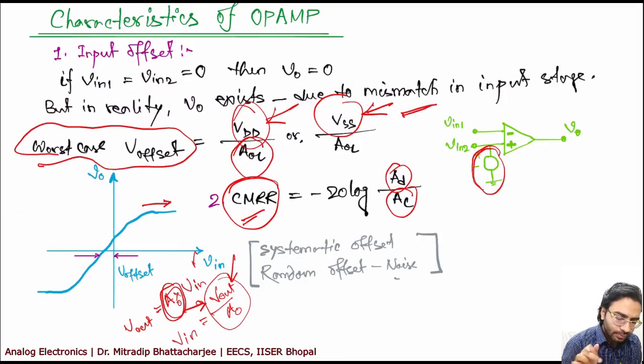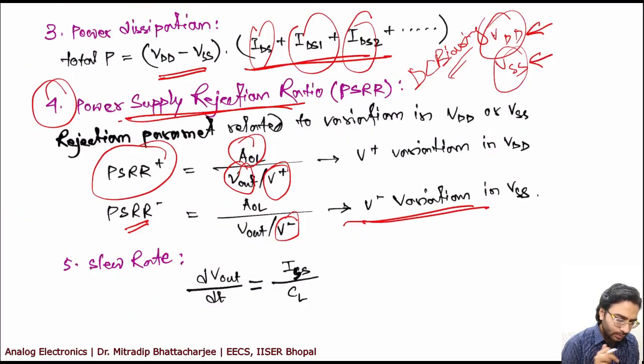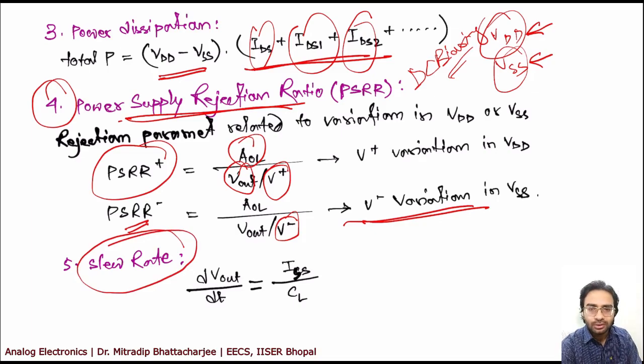Okay, and then you have another term called slew rate, which is also a characteristic of an operational amplifier. And what does that slew rate mean? I also discussed previously that slew rate generally means dVout by dt.